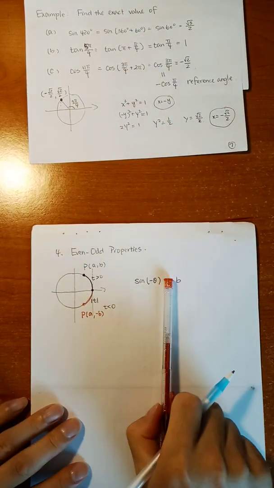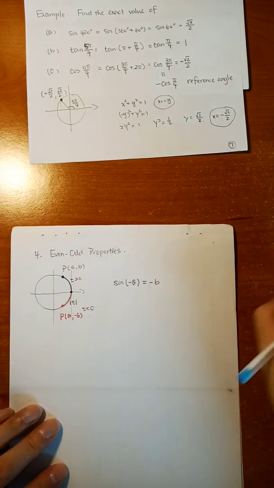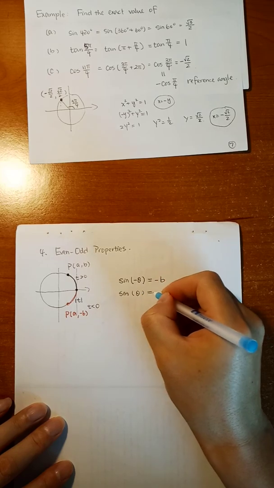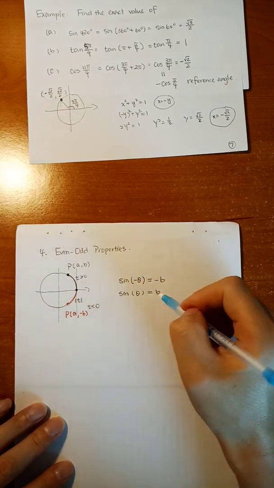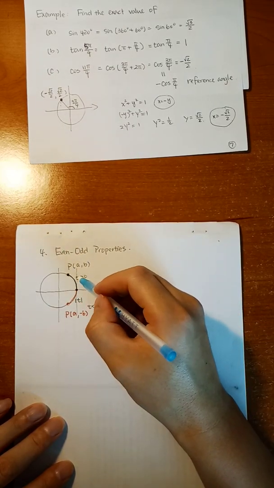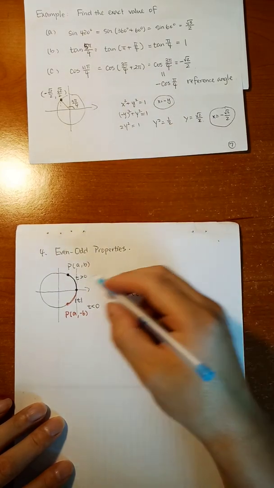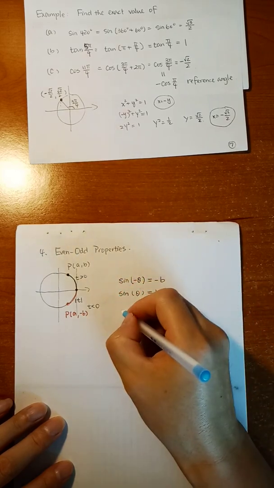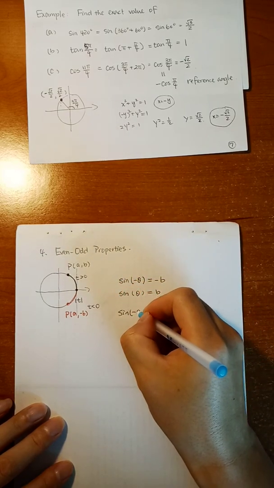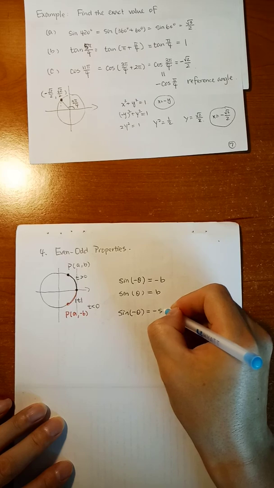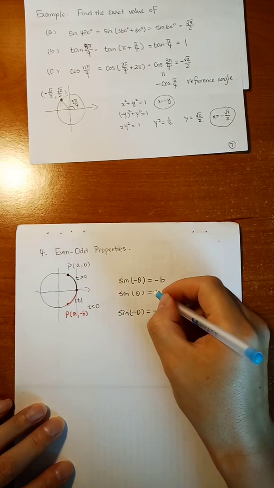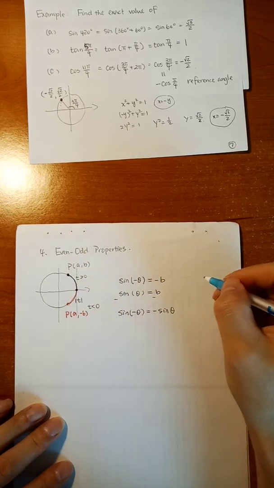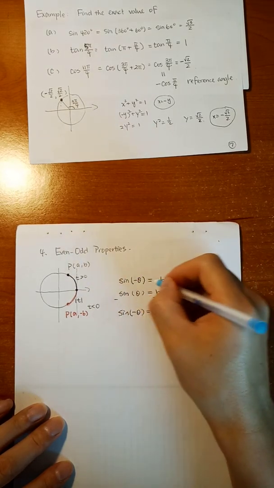If you cover this negative sign, b is equal to the sine of theta. So combining these two things, we get sine negative theta is equal to negative sine theta. You put a negative sign on both sides: negative b is equal to negative sine theta, and negative b is equal to sine negative theta.